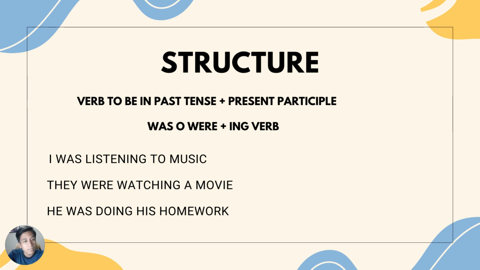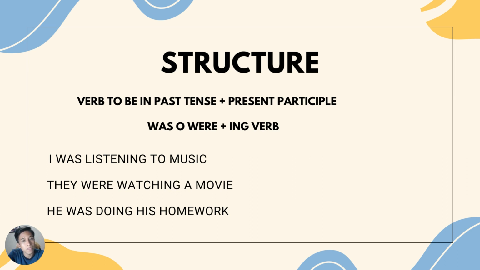Basically, the past continuous tense consists of the verb to be in its past tense, which would be was in its singular or were for the plural, plus the present participle of a verb, or the ing verb if you want.